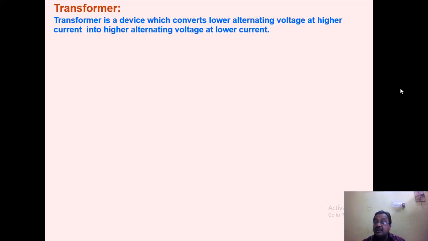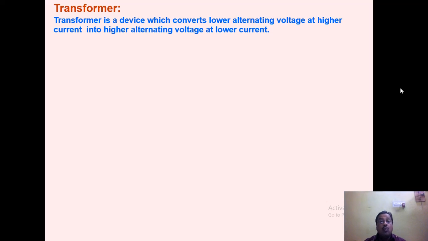So the question arises, why is there a necessity of a transformer? Why is a transformer required? What happens in our day-to-day life? Different electrical instruments require different voltages for their operation.